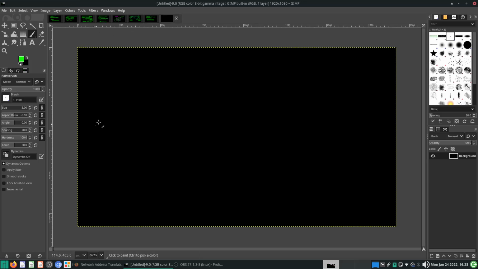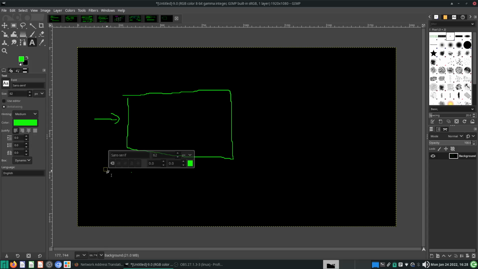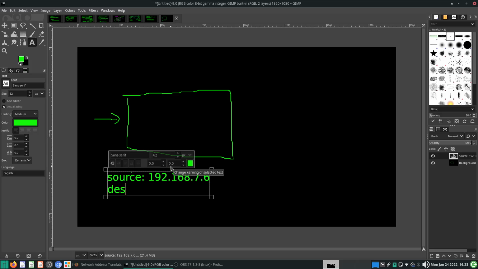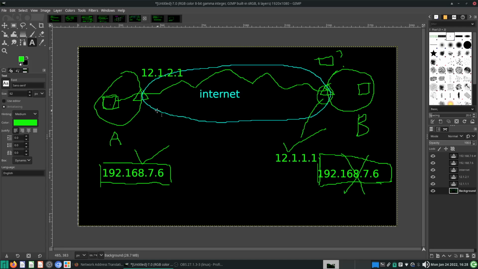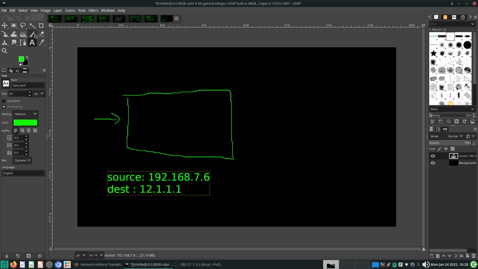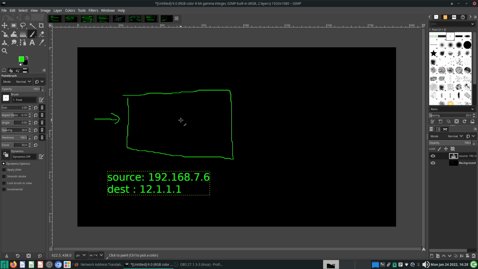Once it arrives at the router, what does the router do? The source is 192.168.76, the destination is 12.1.1.1. The router not only changes the Ethernet frame, that means the Ethernet addresses encapsulated in the frame, but when it does network address translation it will also change the source IP address.